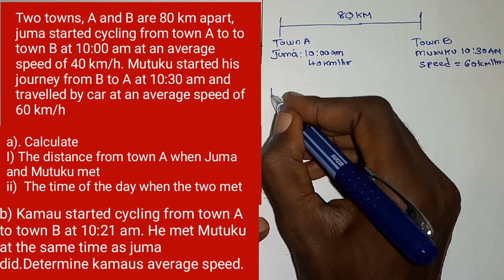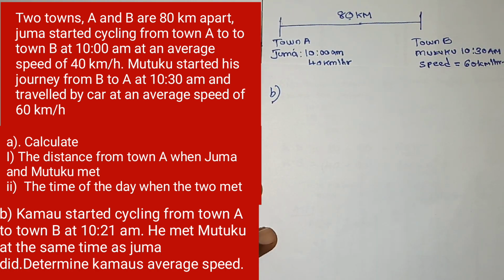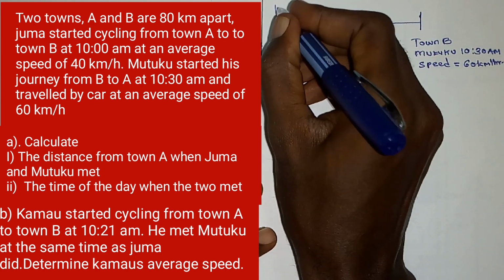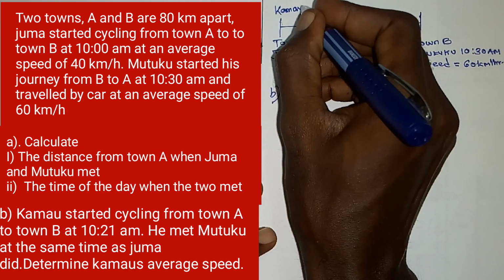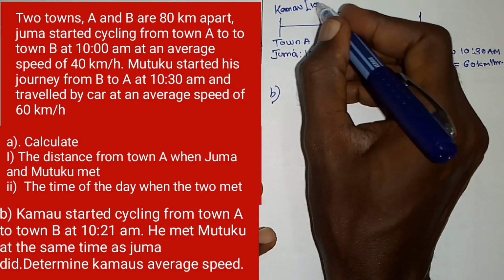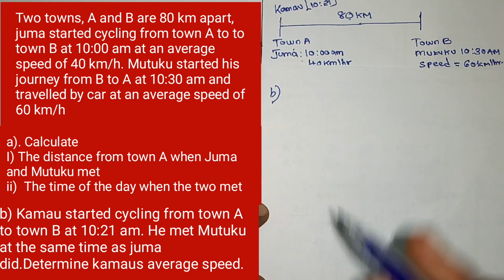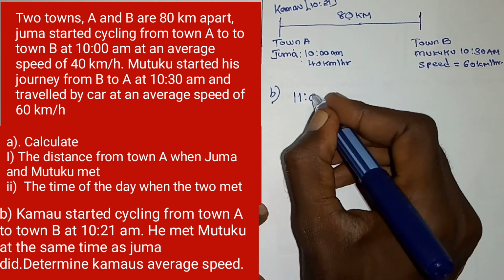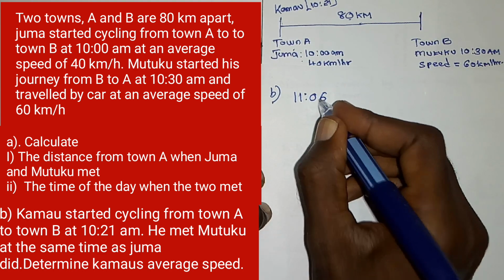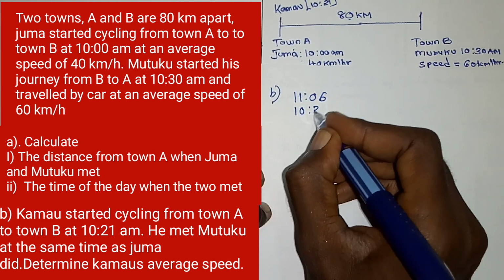Let us go now to part B, which says, Kamau started cycling from town A to town B at 10:21 a.m. Let us first get the difference in time: the time they meet, which is 11:06, minus the time Kamau started, which is 10:21.